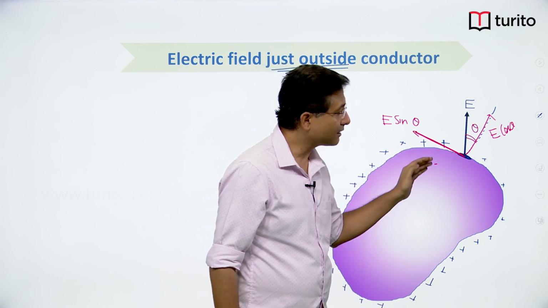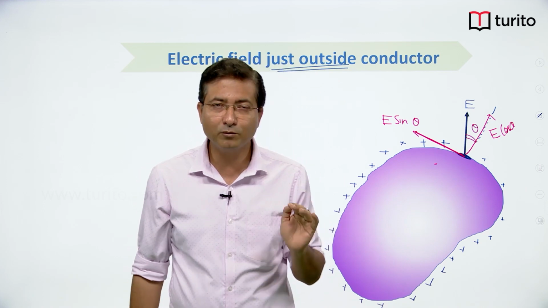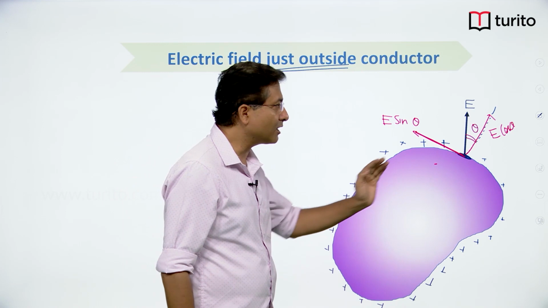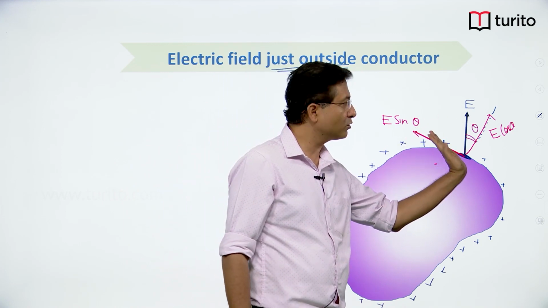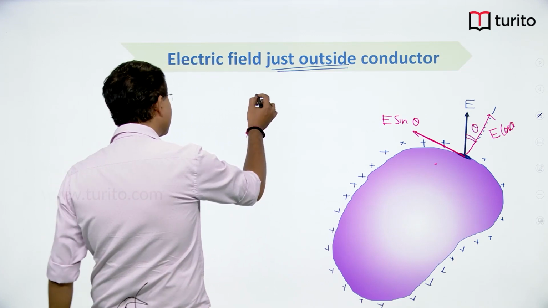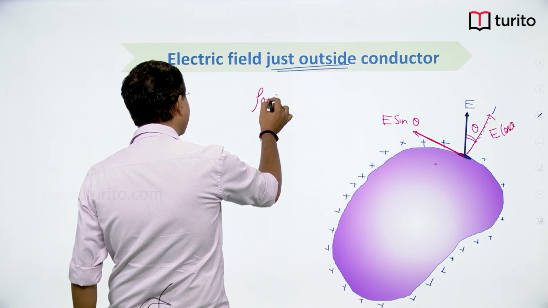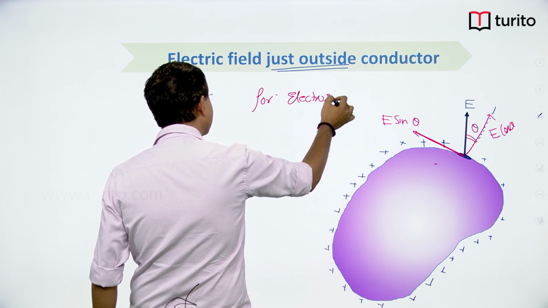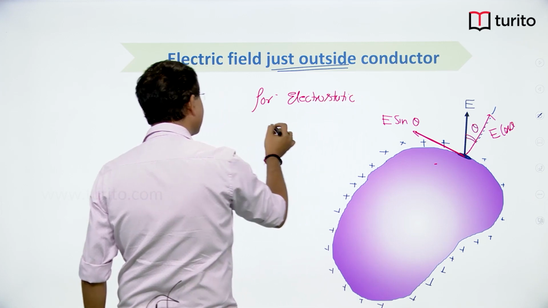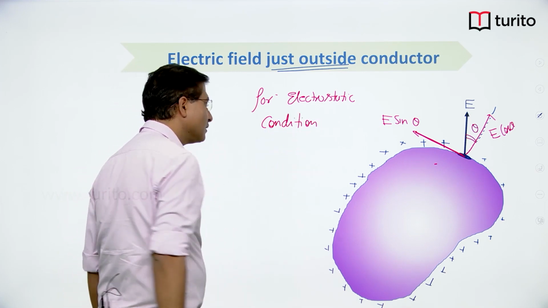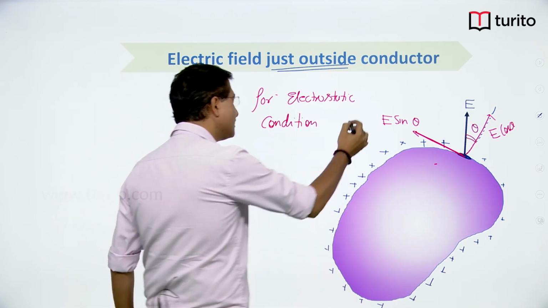But in electrostatic condition there should not be any movement of charge particles. If there is no movement of charge, that means there should not be any component in this direction. So, for electrostatic condition, this E sin theta has to be 0.